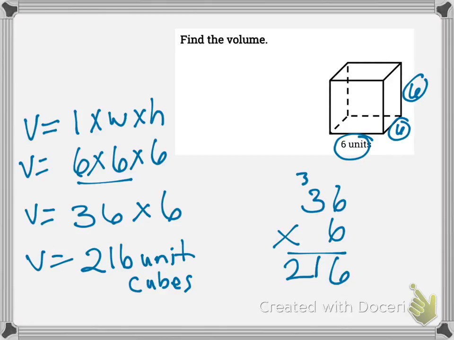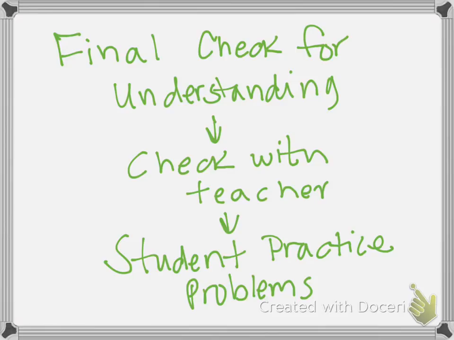Hopefully you are being successful with this lesson. It's just length times width times height. And if it's a cube, you just multiply the one side 3 times. Not by 3, but 3 times. And then something else to remember is make sure you label it unit cubes.